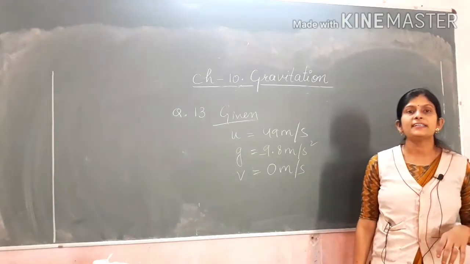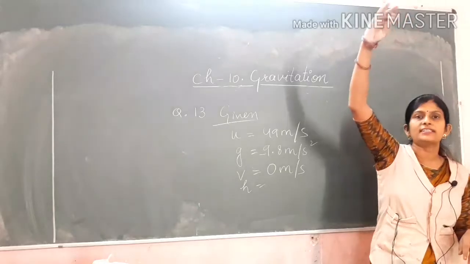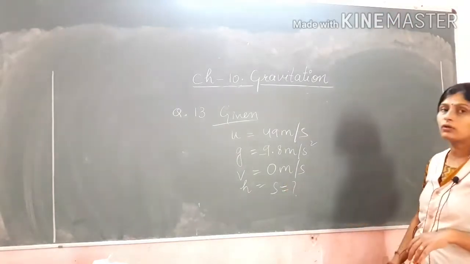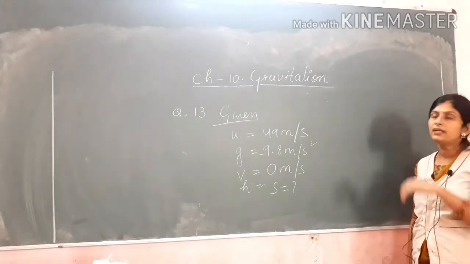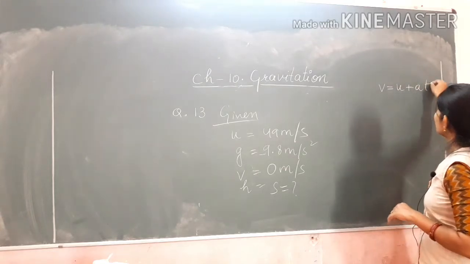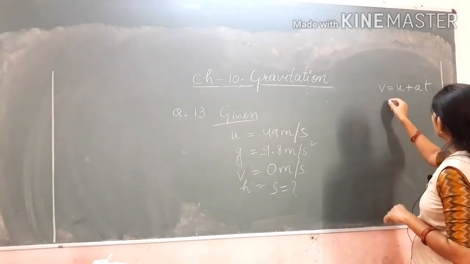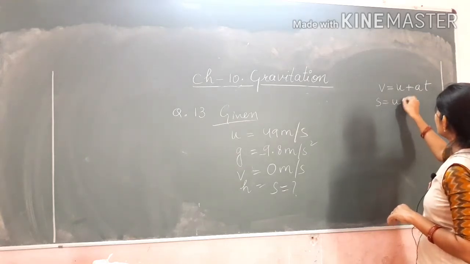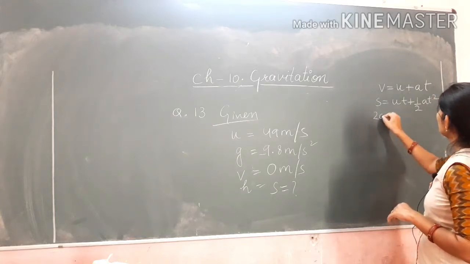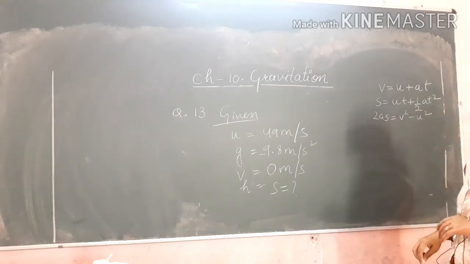In first part, it is asked that you have to calculate maximum height or distance up to which it rises. We have three equations of motion which we studied in chapter 8 as well as in 9. v is equal to u plus at, first equation of motion. s is equal to ut plus half at square, second equation of motion. 2as is equal to v square minus u square, this is third equation of motion.